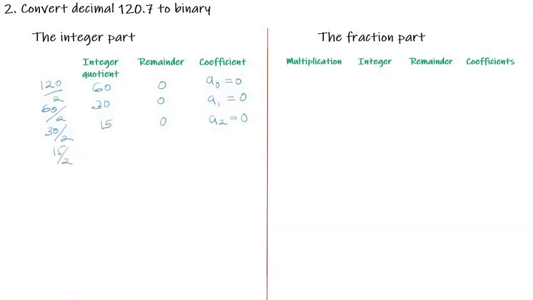15 divided by 2 is 7, remainder 1, and a3 is 1. 7 divided by 2 is 3, remainder 1, and a4 is 1. And 3 divided by 2 gives us the quotient of 1, remainder 1, which gives us a5 equals 1. And finally, we have 1 divided by 2, which gives the quotient of 0, remainder 1, and means a6 equals 1.